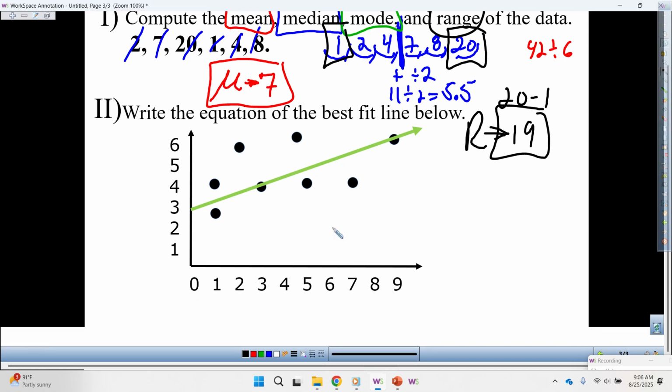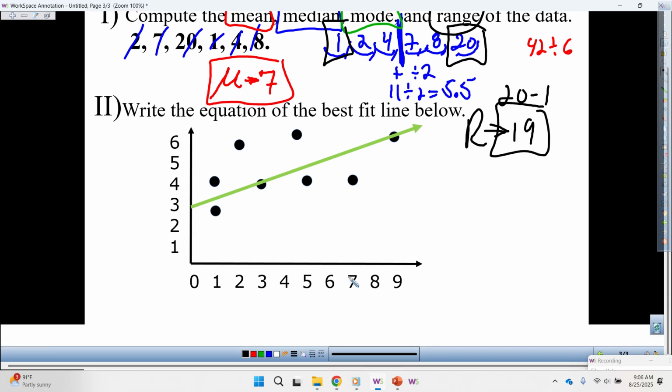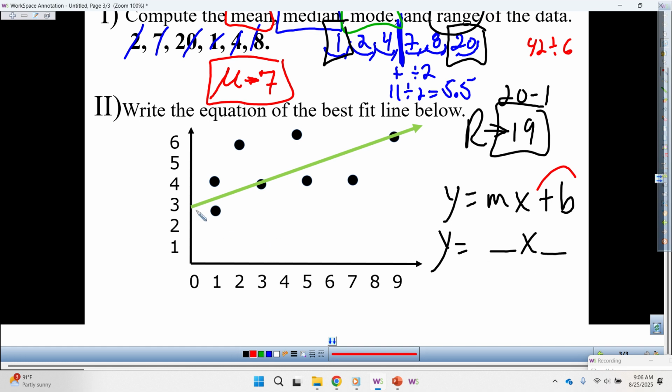Number 2, write the equation of the best fit line. So we start by writing y equals mx plus b. Y equals blank x plus blank. I start with my y-intercept, which is 3. From there, slope. I take 2 points that are on the line.